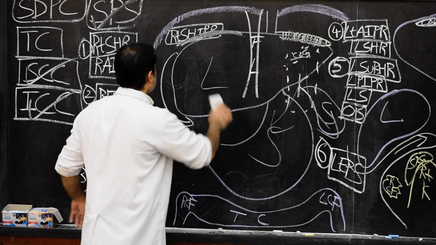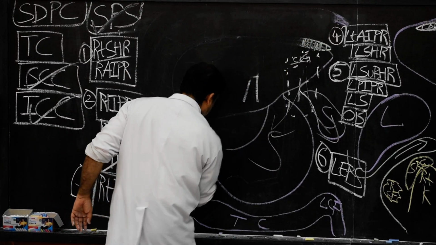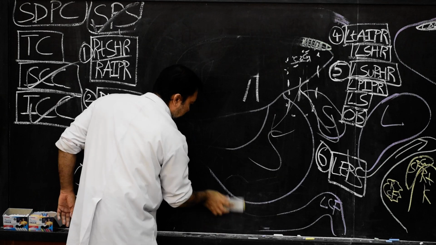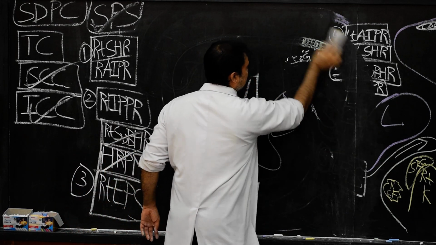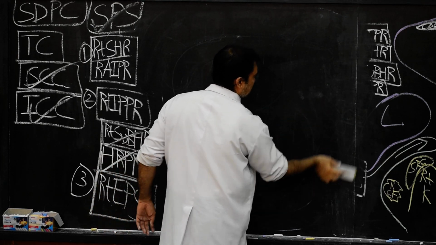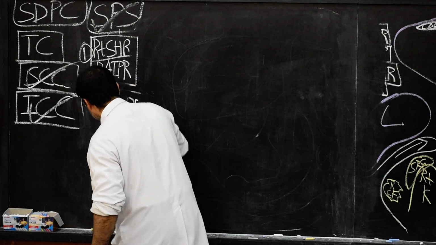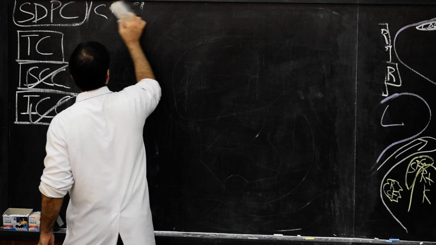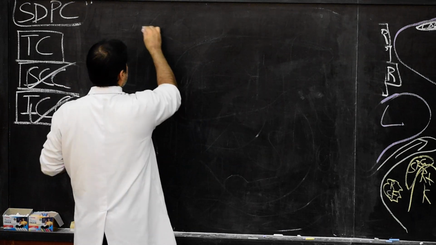So let us understand the infracolic spaces. In order to understand the infracolic spaces, first we shall draw the diagram of transverse colon with that of the right and left colic flexures. So let us draw the diagram. Here we start with the transverse colon.